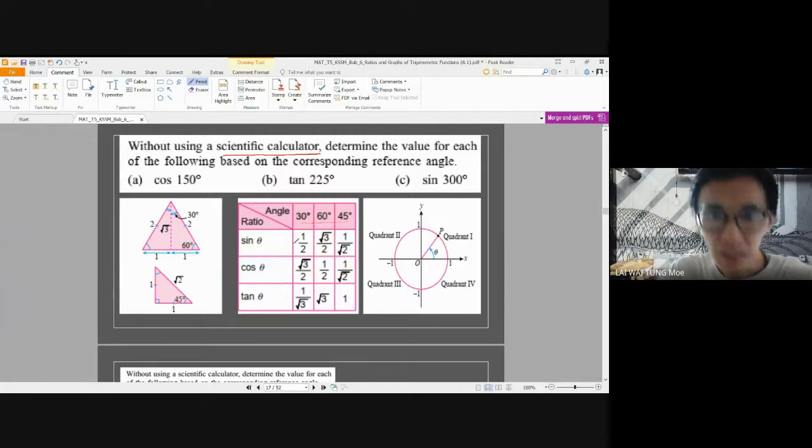And how these values come about is actually from this triangle, okay? And this triangle actually comes from your unit circle. So if I want to draw an equilateral triangle, this is 2, 2, and 2.